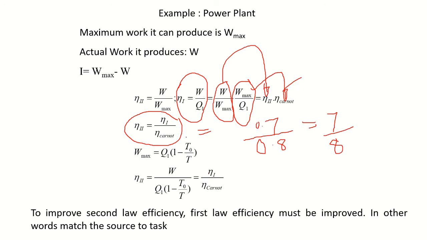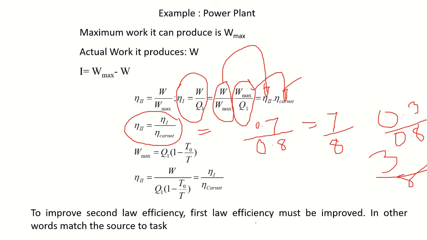Now, let us say first law efficiency is 0.3 and Carnot efficiency is 0.8, then it is 3 by 8. So second law efficiency is given by this equation.